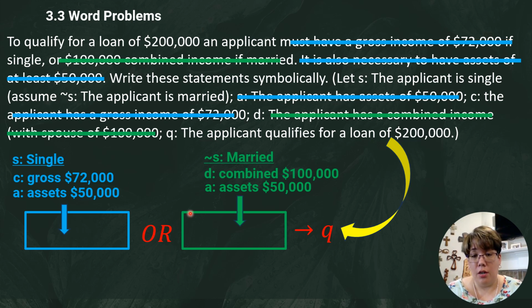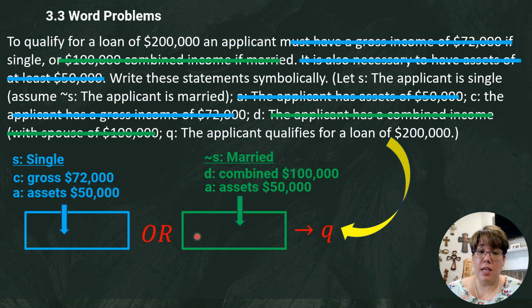Or you're not single, so married, and you have a combined income and you have assets. So you have these three things. You can have either these three things or these three things, and that implies Q. Then you qualify for the loan.